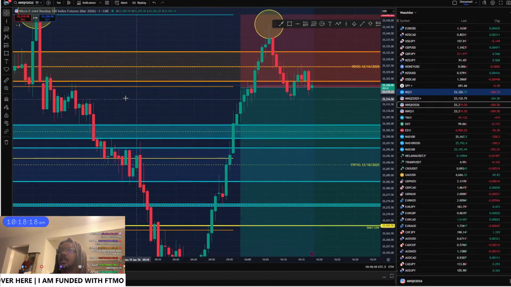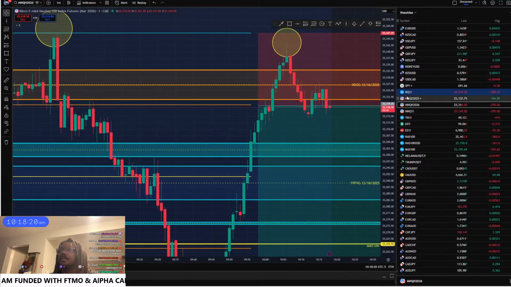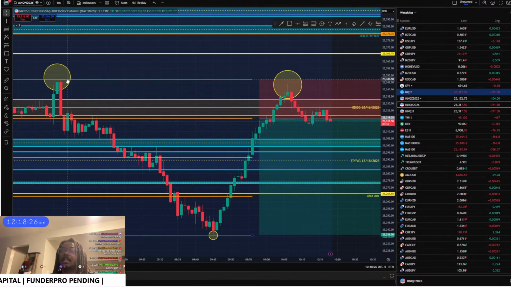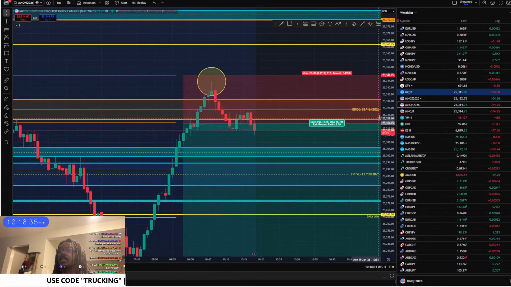Price came all the way up here, filled this gap. All right, remember I said I was looking for prices to go down. So if we're going to go down, we're not likely to take this high right here, which is why the market seems to have stopped right below this high, and now we're making market structure going back down. So I think it's about time for me to get in this trade right here.